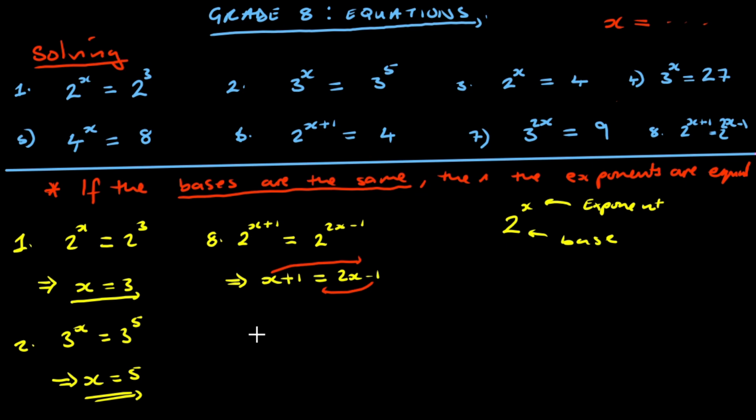So 1 is positive here, and the minus 1 becomes plus 1 when it crosses, is equal to 2x, and the x crosses the equal sign and becomes minus x. What's 2x minus x?